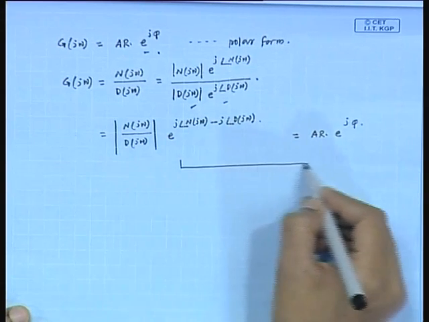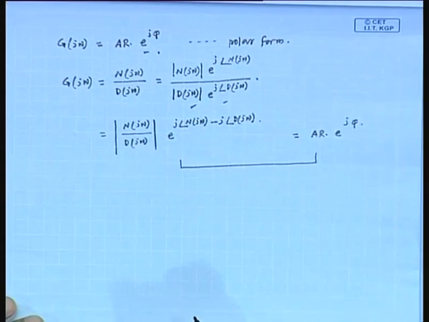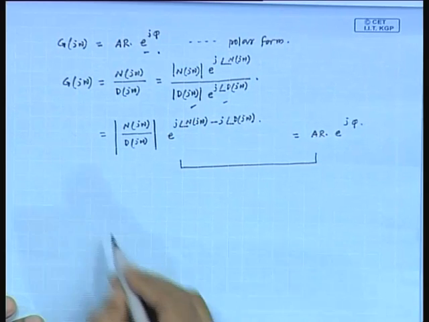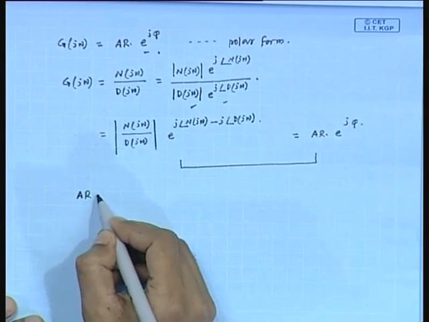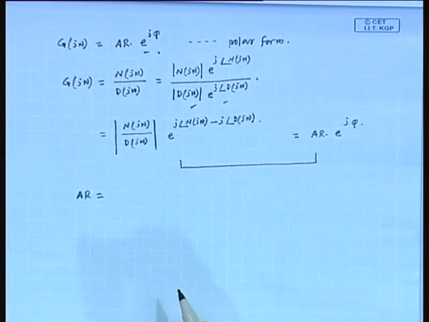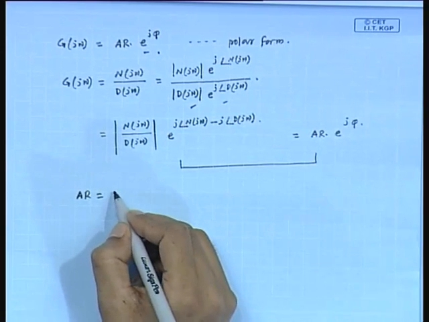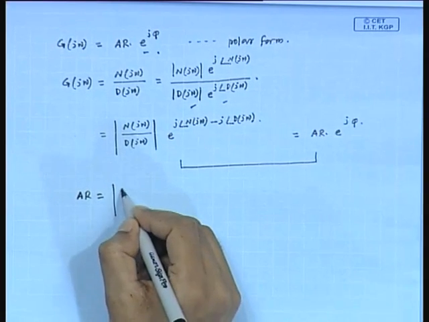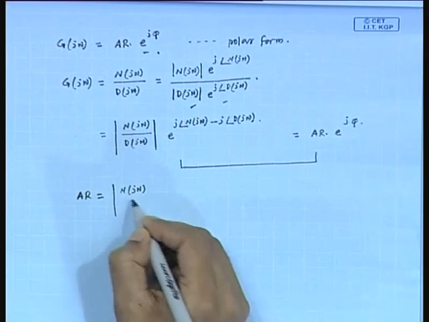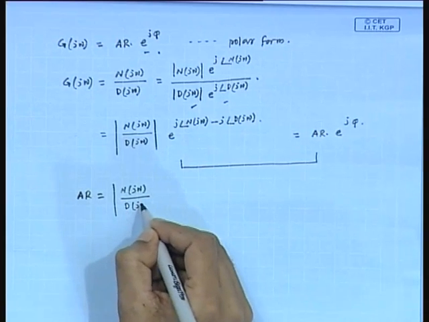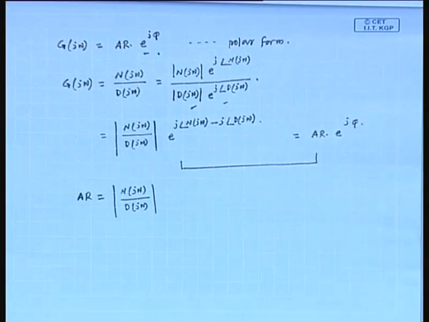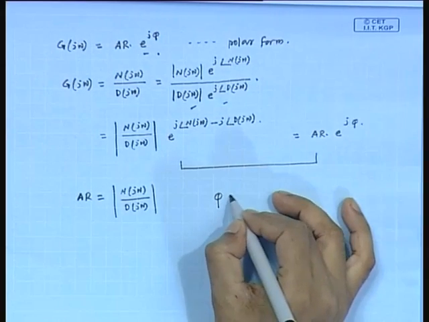Now, we will compare these two. Then we obtain the expression for amplitude ratio as amplitude ratio equals the magnitude of the numerator divided by the magnitude of the denominator, and we obtain the expression for phi also.